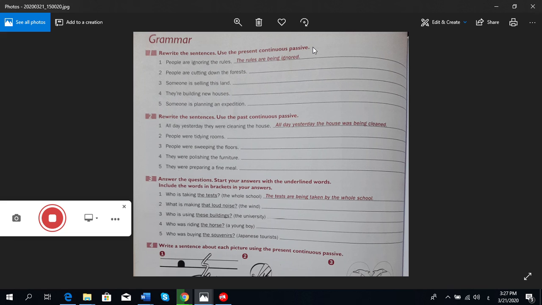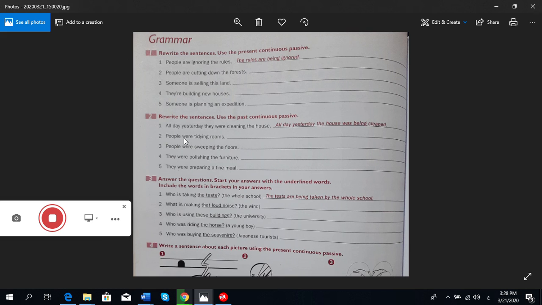Object plus am, is, are plus being plus verb 3, and we apply it. Number 2. Use past continuous. We also write the rule here, as you are used to. We write the rule at the question and apply it. Here the rule is object plus was or were, it depends on the object, plus being plus verb 3, and follow it.